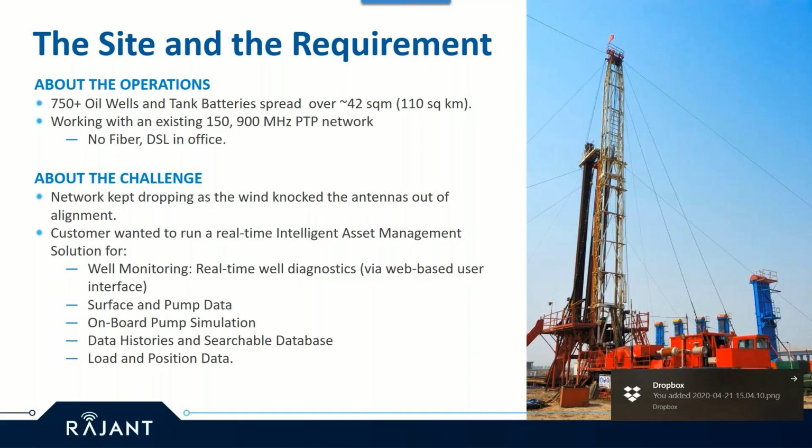The existing issue was there's no fiber or DSL in the office. The network keeps dropping out. Wind in the area keeps knocking out the antennas and moving them around.